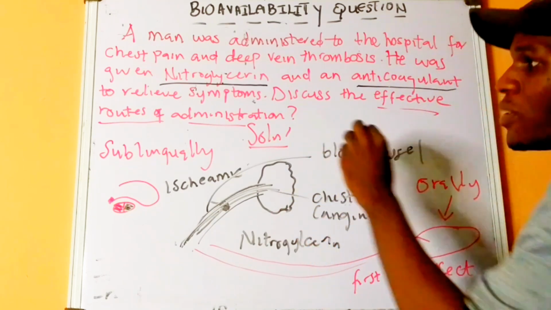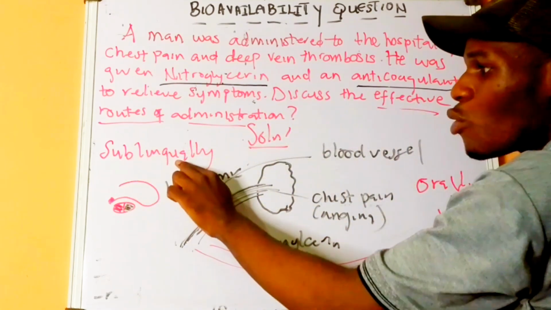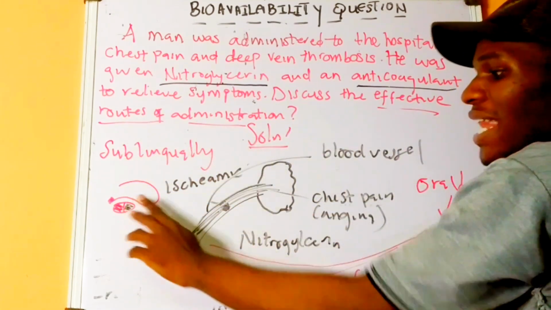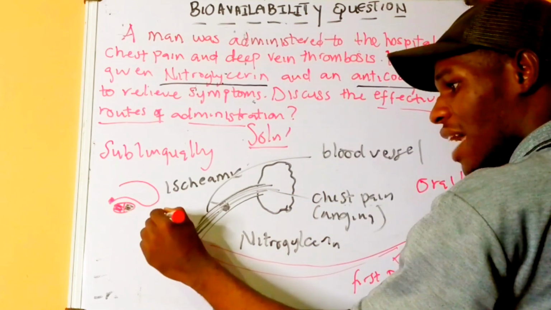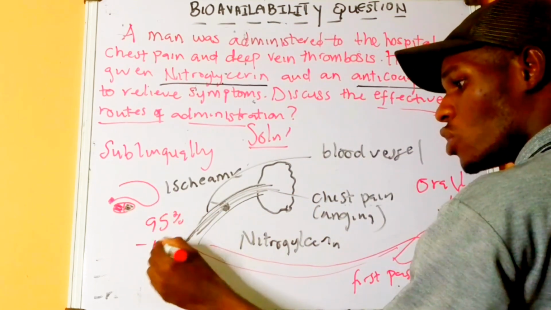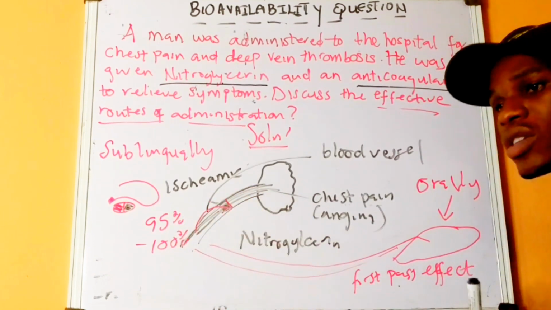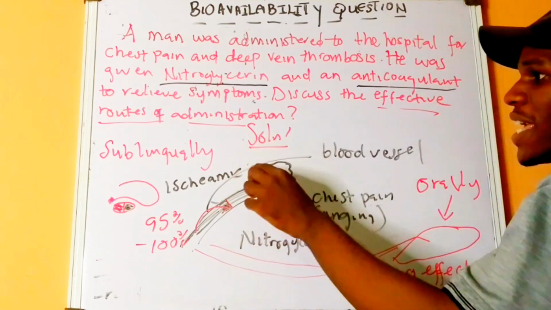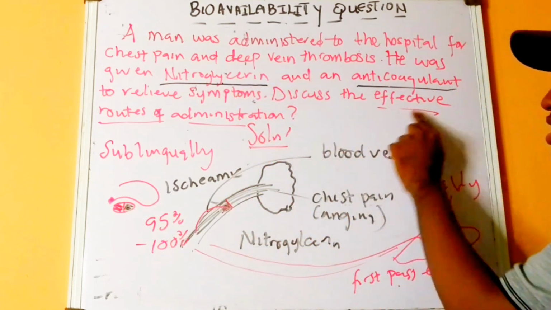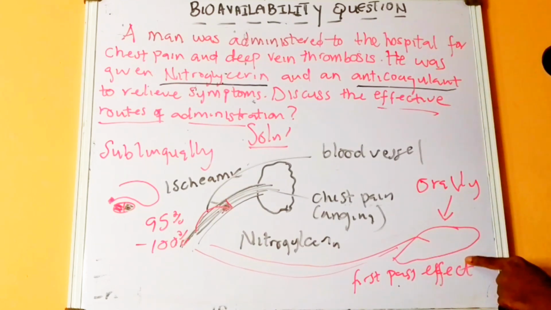And giving nitroglycerin through the sublingual route enables a bioavailability of at least 95 to 100 percent directly into the bloodstream to cause its vasodilating action. So the effective route is sublingual, to bypass the first pass effect.